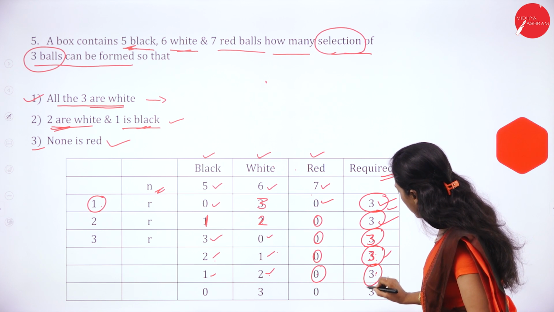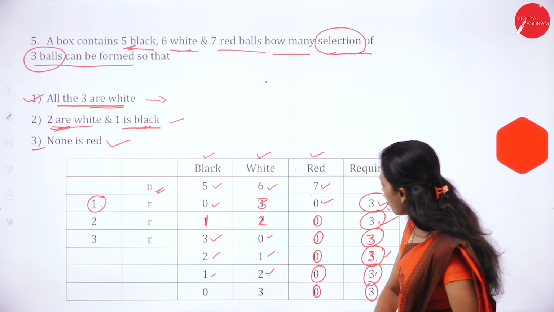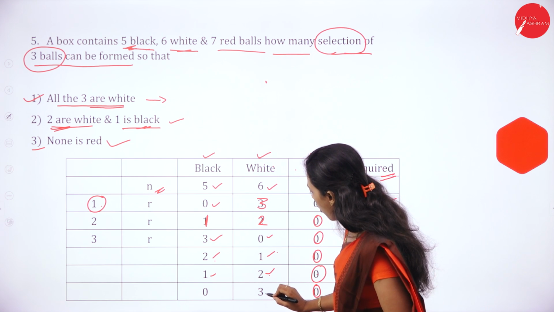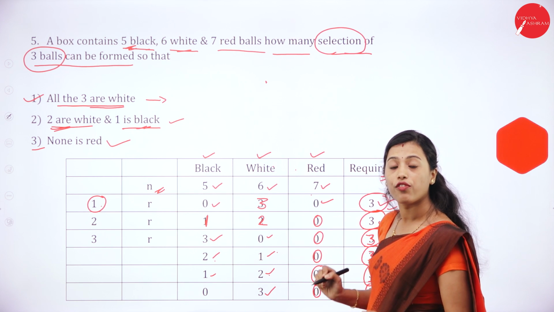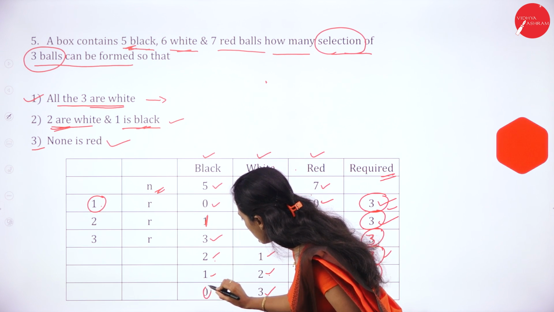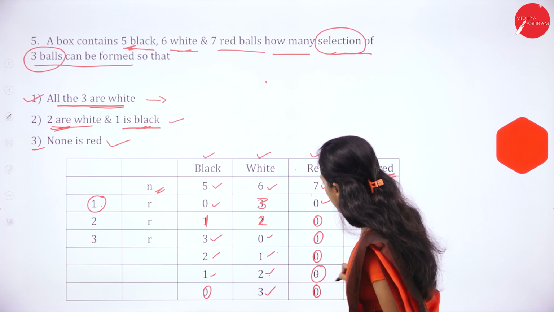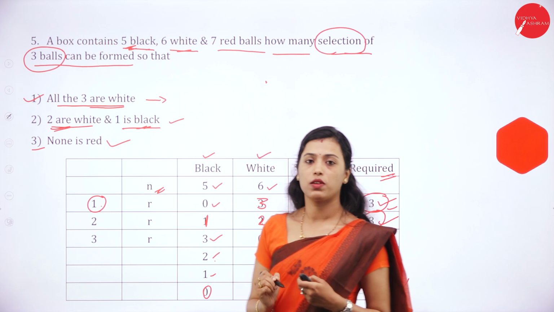Then requirement is again 3, none red means 0, but we can select all the 3 white. If we select all the 3 white means black will be 0. So these are the arrangements.